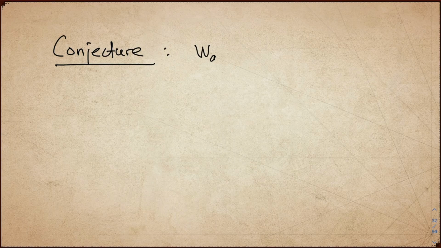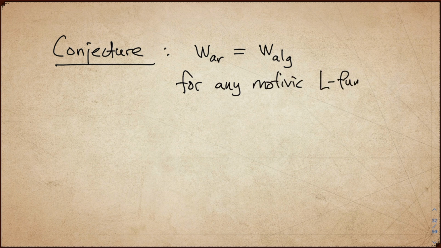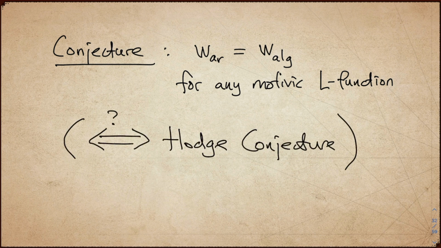Conjecture. The arithmetic weight equals the algebraic weight for any motivic L function. This conjecture should be equivalent to the Hodge conjecture. And the only reason I put a question mark here is that I don't understand why this is the case.